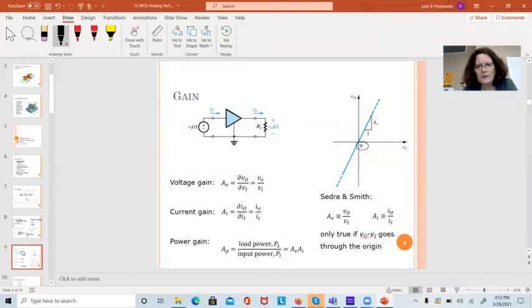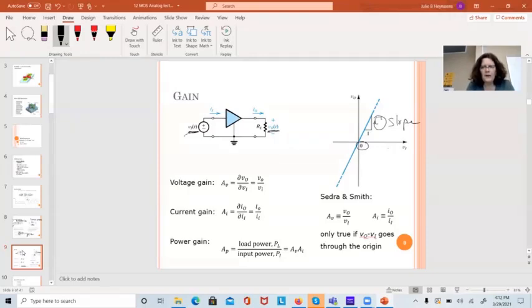So if I think about this, I've got a circuit, I've got V_N, and it can be a function of time. And out of this, I'm going to get some V out, which is also a function of time. And if I look at my circuit here, depending upon what V_N and V out are, I get something that hopefully looks like a straight line in the region I'm talking about, and it has a slope of A_V. That's basically the slope of that line.